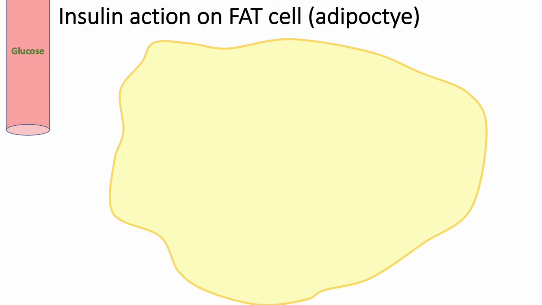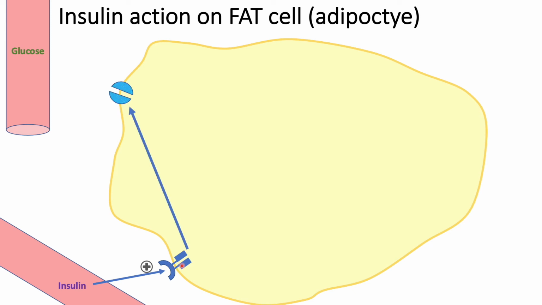All right, so let's look at the mode of action of insulin on a fat cell. So here we have a fat cell, and over here we have a blood vessel with glucose. And down here we have another blood vessel with insulin. So insulin is going to bind to the insulin receptor. And from here there's going to be a cascade of events, eventually leading to translocation of a GLUT transporter.